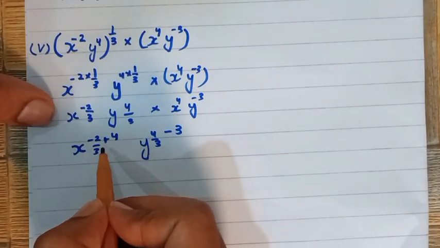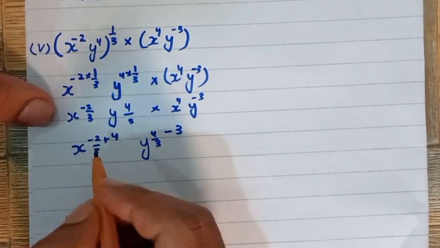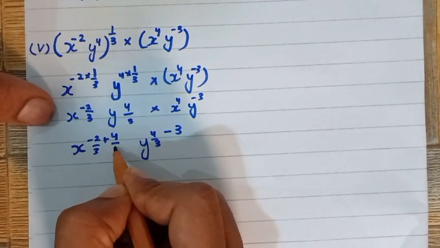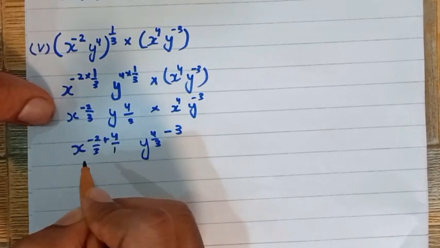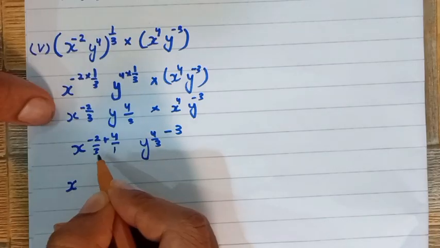Further, we will see the sign. If the sign is positive, we will take the LCM. Suppose there is 1 here, 4 over 1. See here, for x we will take the LCM.